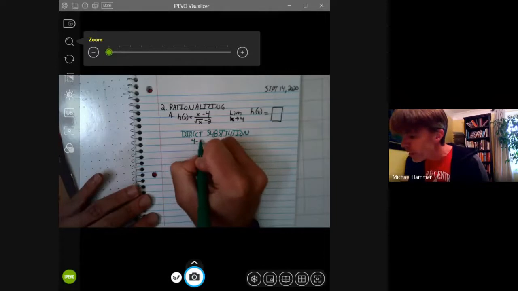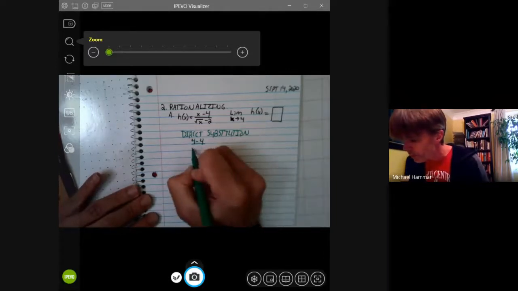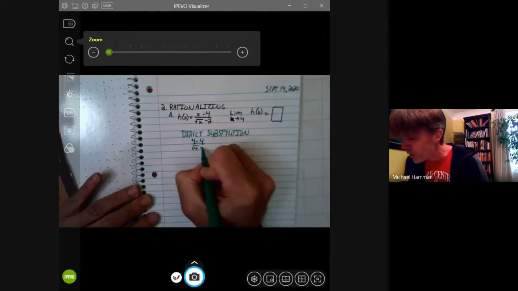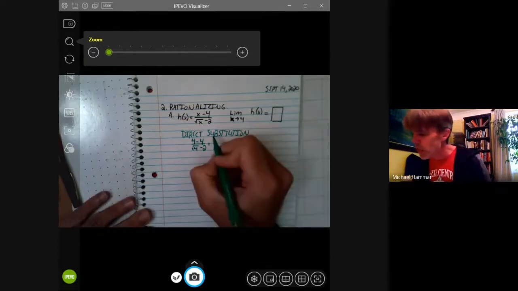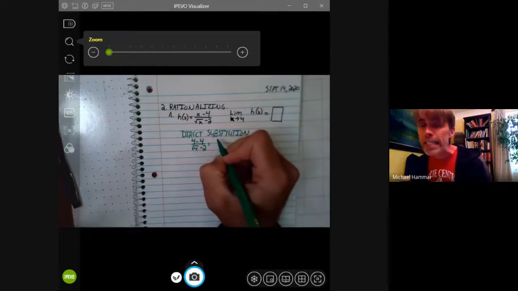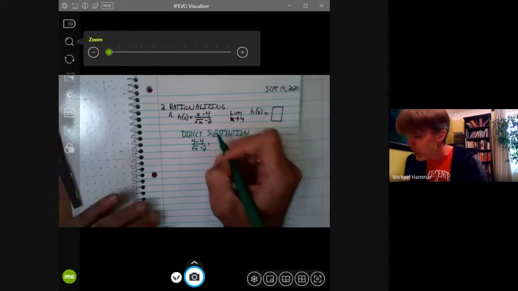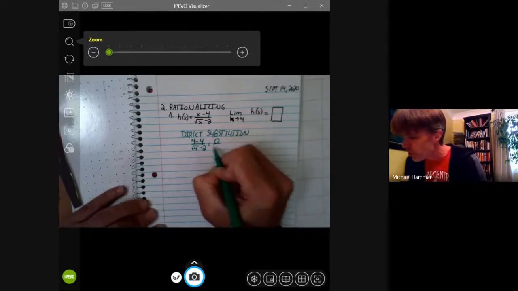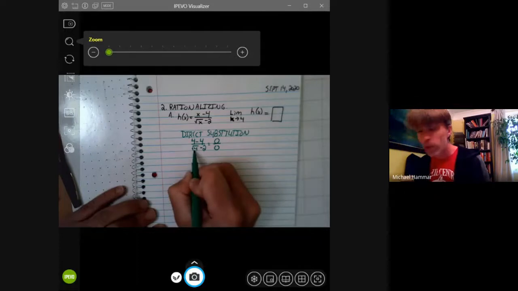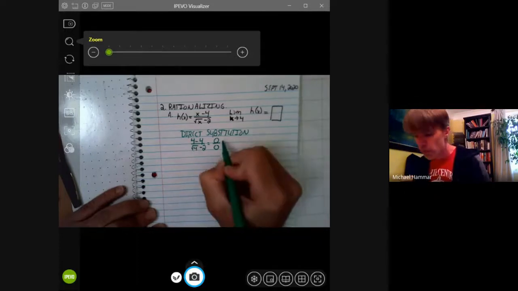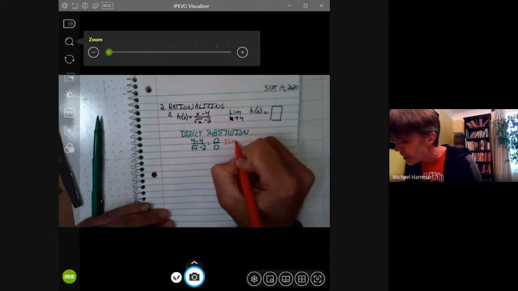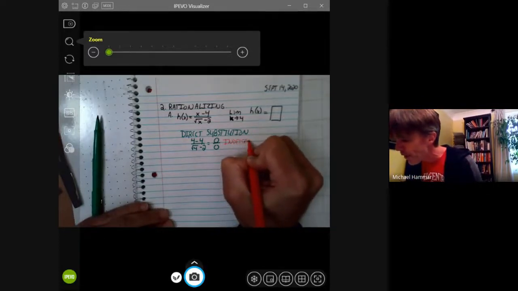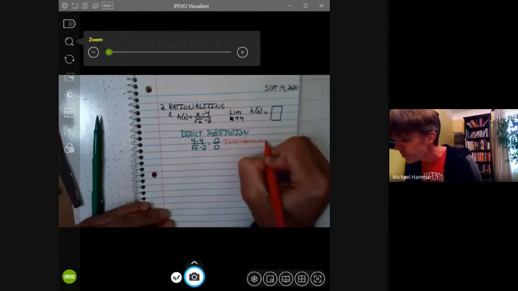Now, I'm going to tell you for speed's sake, as soon as you can see that direct substitution gives you the indeterminate form, which is 0 over 0, you don't need to keep going unless they ask you to show it. So in this case, we show 0 over 0 because the square root of 4 is 2. 2 minus 2 is 0. This, again, is called the indeterminate form.